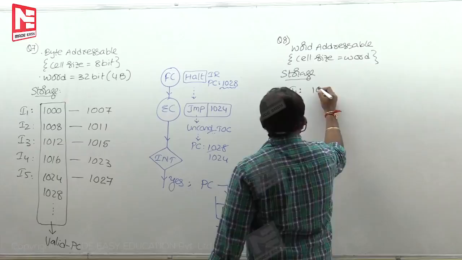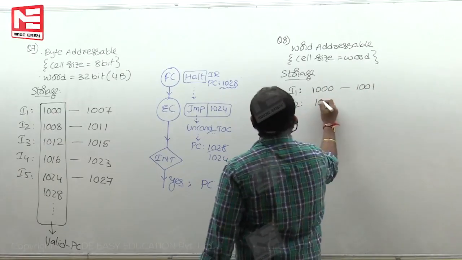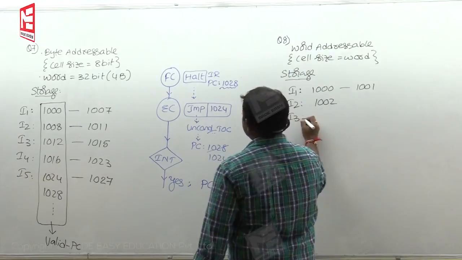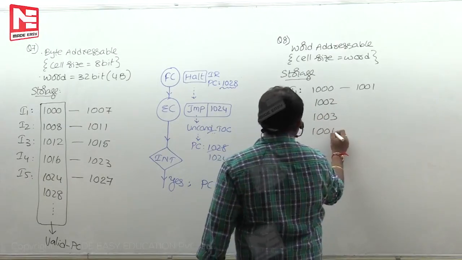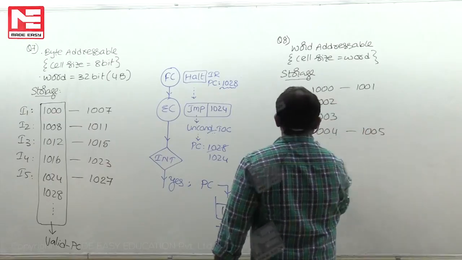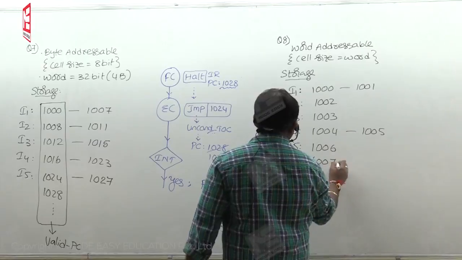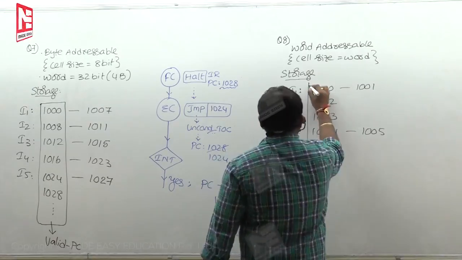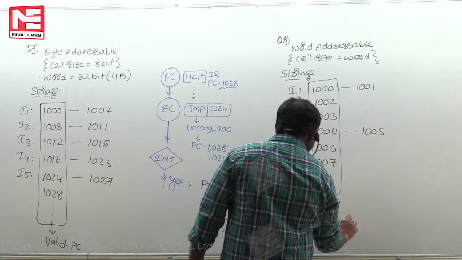I1 is 2 word: 1000, 1001. I2 is 1 word: 1002. I3 is 1 word: 1003. I4 is 2 word: 1004 and 1005. I5 is 1 word: 1006. Next 1007 and so on. These are the starting addresses of instructions, valid PC.